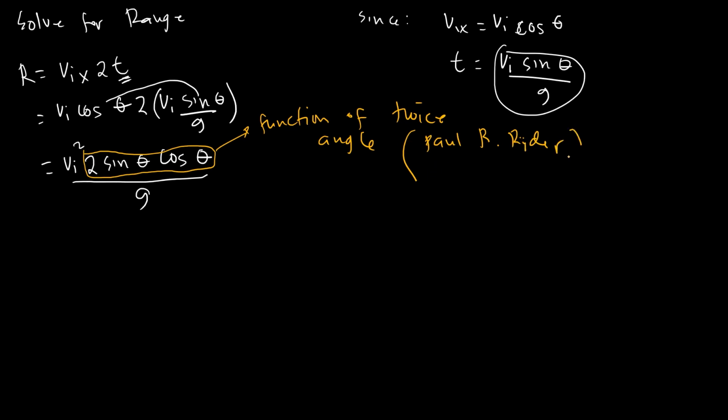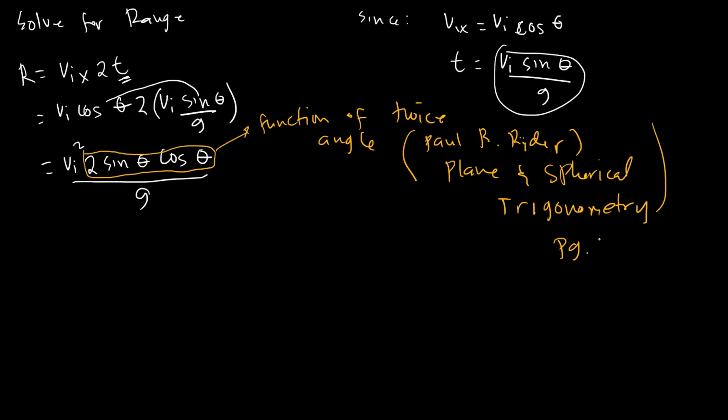The title of the book is Plane and Spherical Trigonometry. If you have access to the book of Paul Rider, you can read that at I think page 128. Try to recheck that function of twice angle.